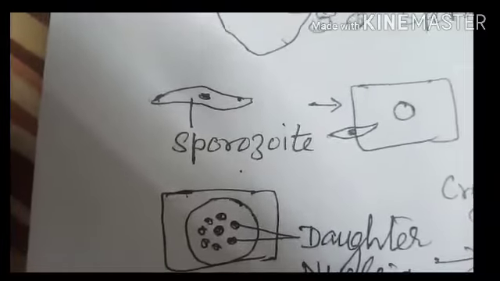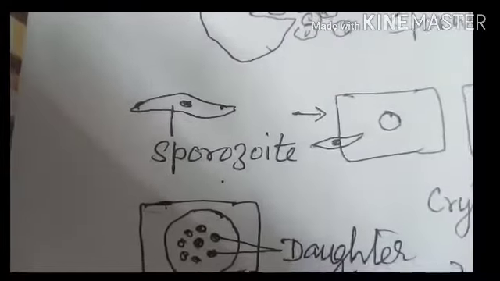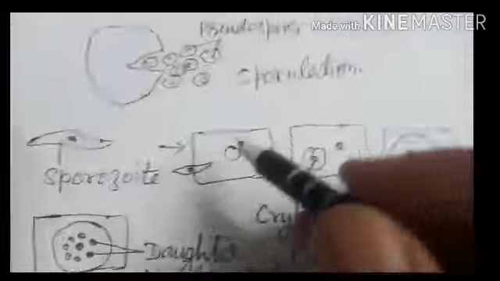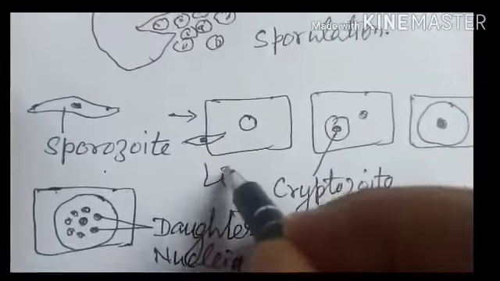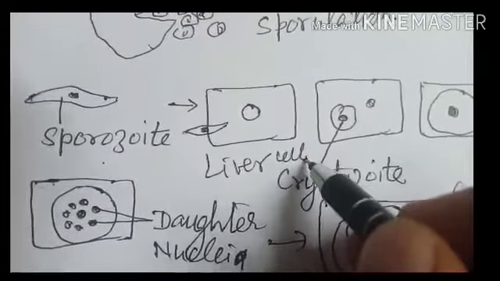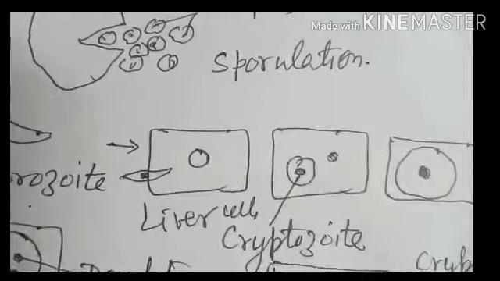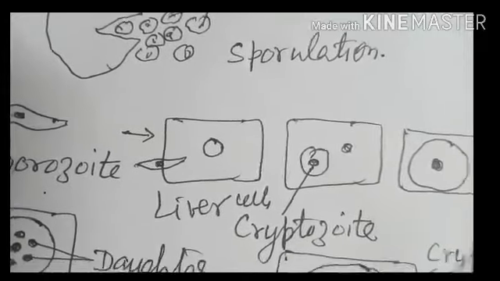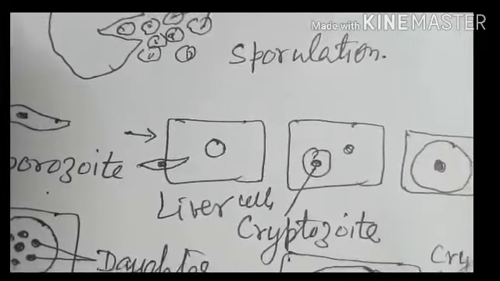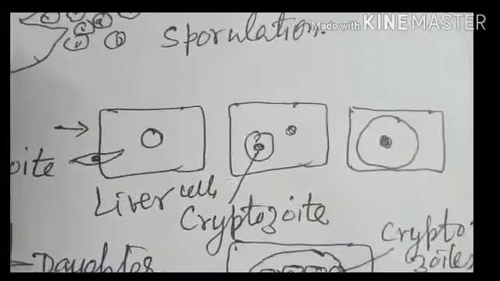In this way, sporozoites get inoculated into the human, and through blood circulation, ultimately they reach the liver cell, which is laden with nutrients. They attack the liver cell. They become spherical in shape, called cryptozoite.